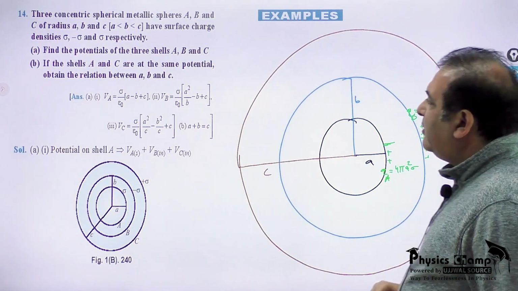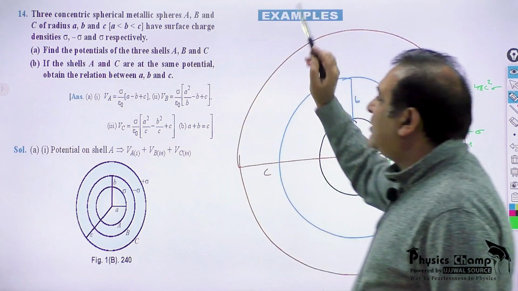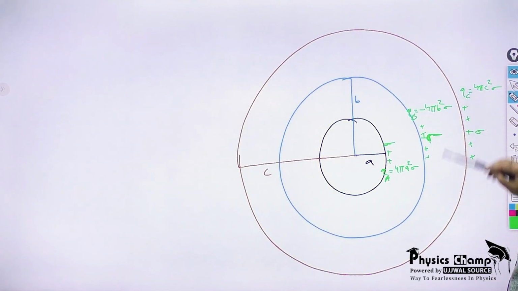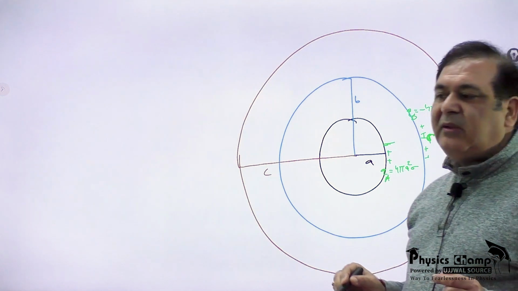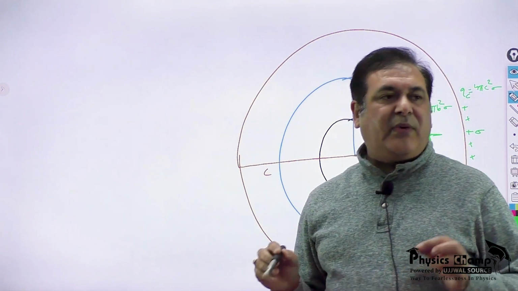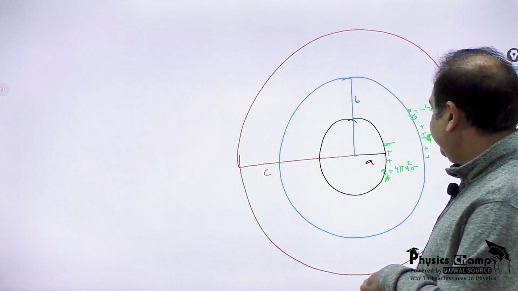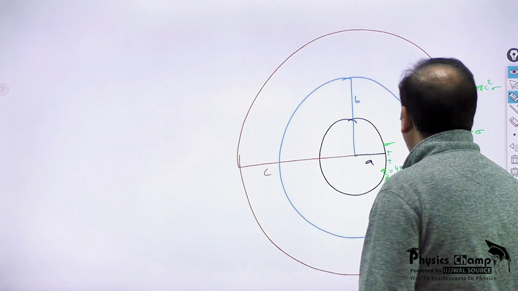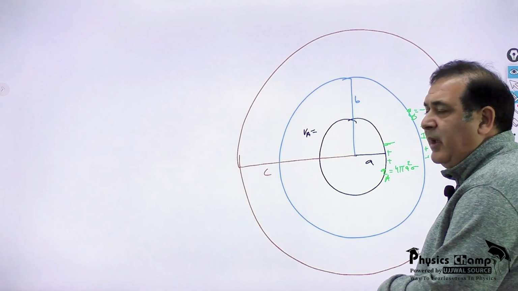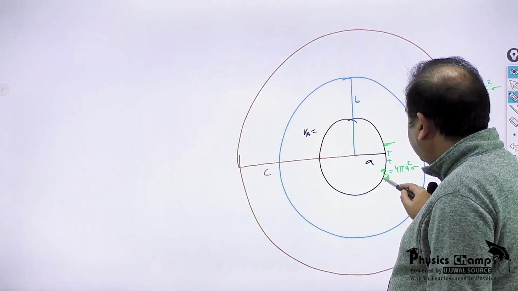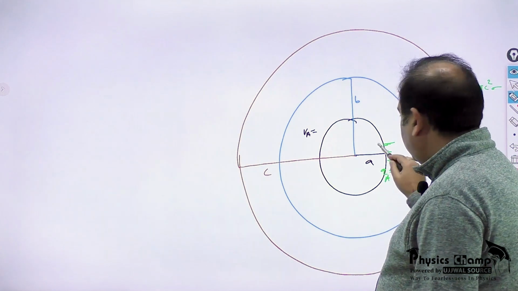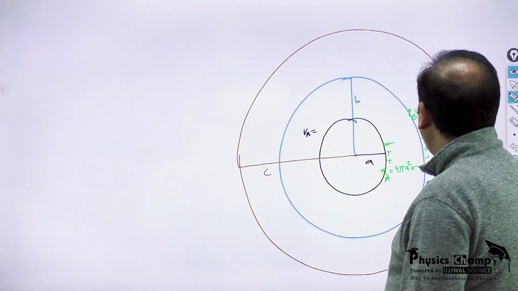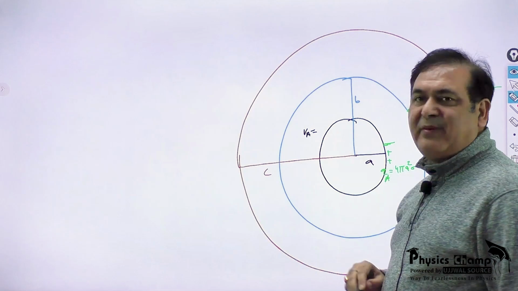What we want is the potential of the three shells A, B, and C. So we are looking for what is the potential on the shell A, what is the potential on the shell B, and what is the potential on the shell C. Potential on the shell A will be due to its own charge QA on its own surface, then due to the charge QB on the outer shell, and then due to the charge QC on the very outer shell.